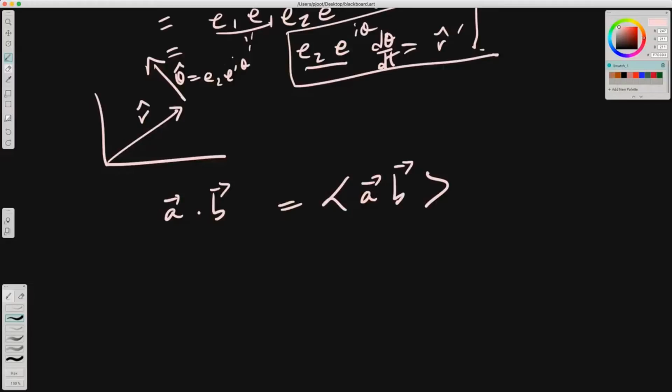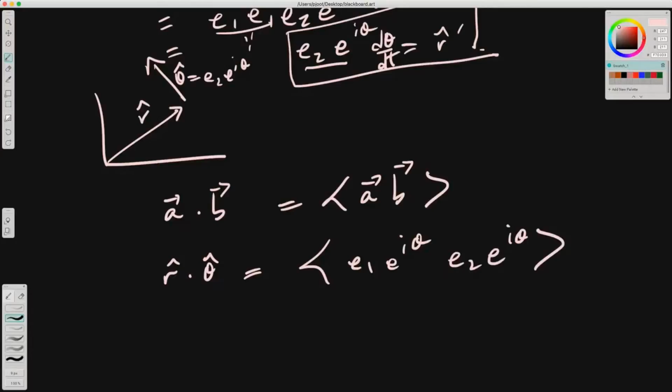So let's use that to compute the dot product of r hat and theta hat. So r hat was e1 e to the I theta, and theta hat is e2 e to the I theta. The scalar grade of these two is their dot product.